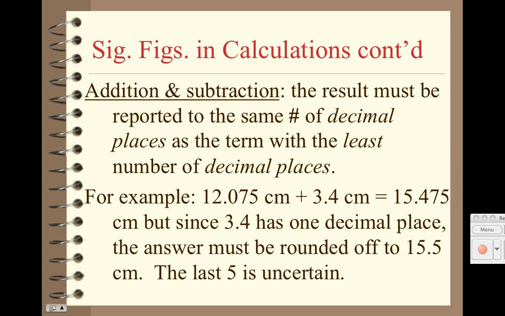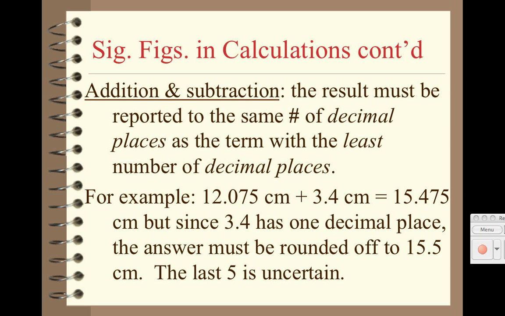So here's an example: 12.075 added to 3.4, and I get an answer of 15.745. But notice, since 3.4 only goes out to the tenths place, then I would round to the tenths place. In doing so, that works out so that this last number, this 5, is my only estimated number. The rest of these are known numbers.